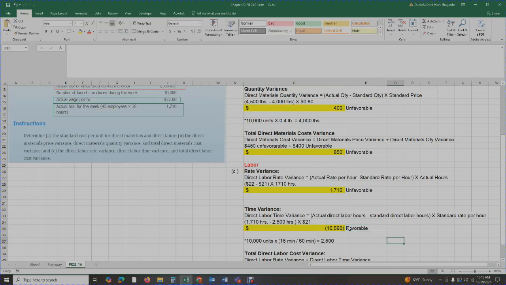So why is it favorable? Because the actual came in lower than the standard. We had anticipated spending 2,500 hours in labor. We ended up only spending 1,710 hours in labor. So we did good. We were very efficient in our time, causing a favorable variance. So my rate was unfavorable, but my time variance is favorable.